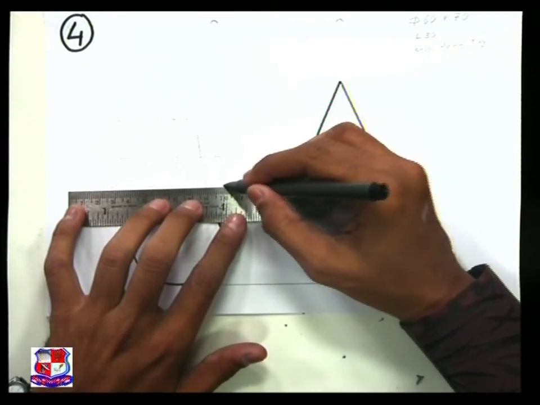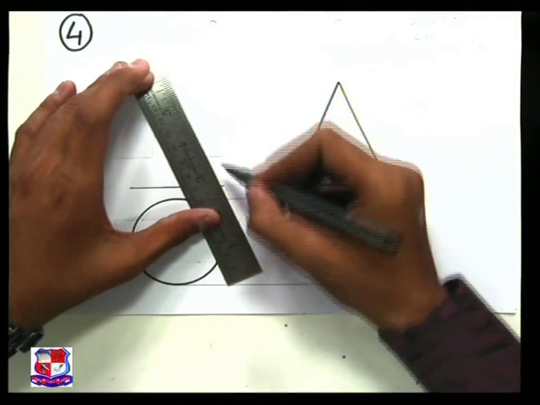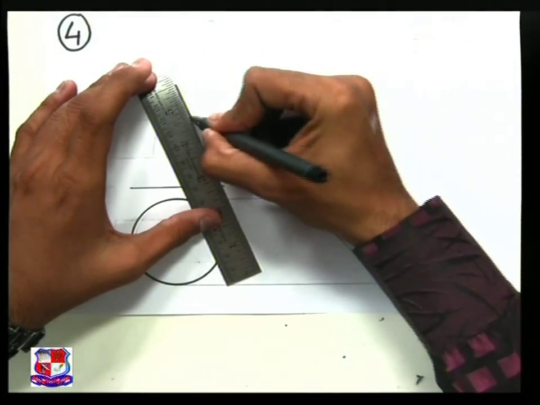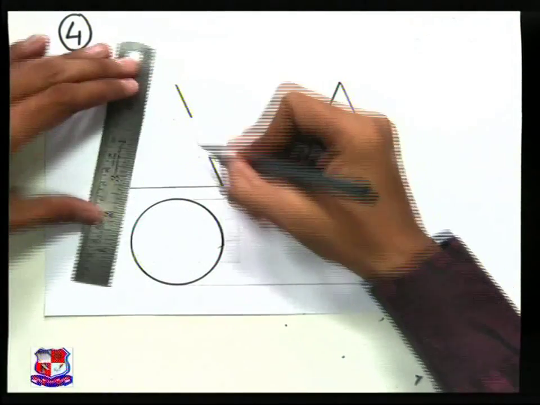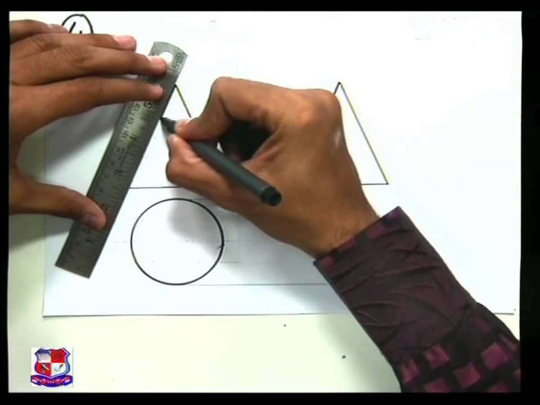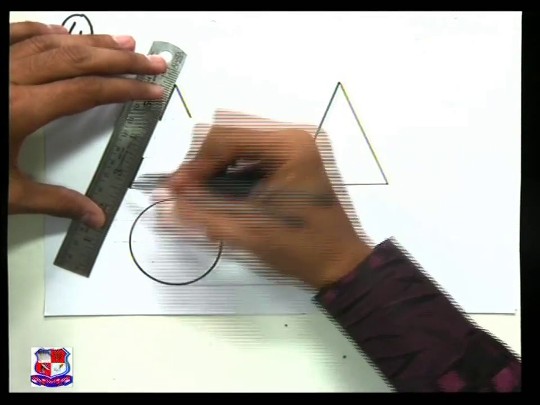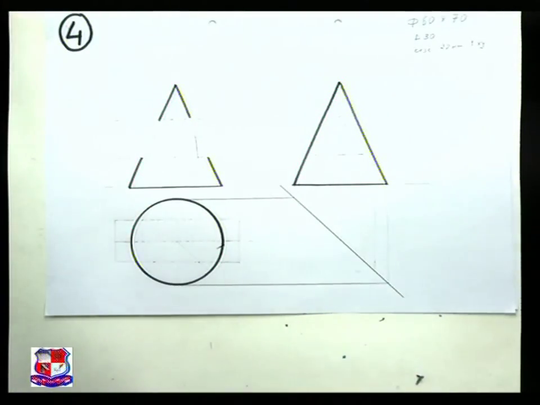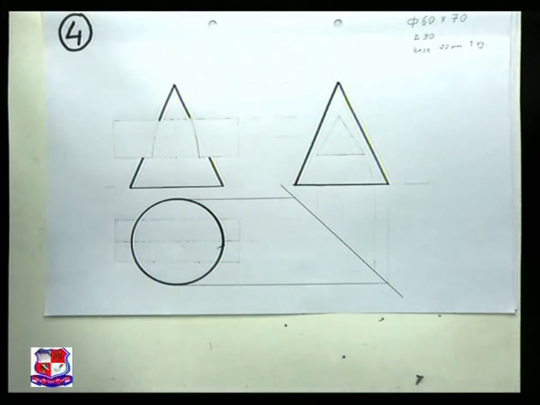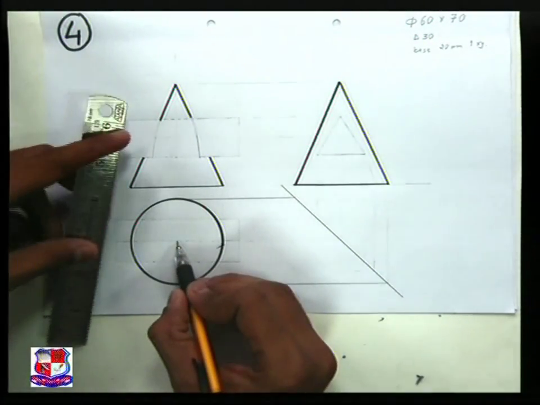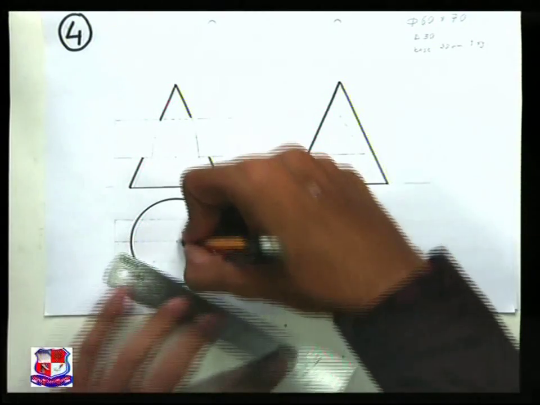Similarly, its front view also we can draw like this. In intermediate portion it will not be visible, so knowingly I have skipped that portion, otherwise we have to erase that point.